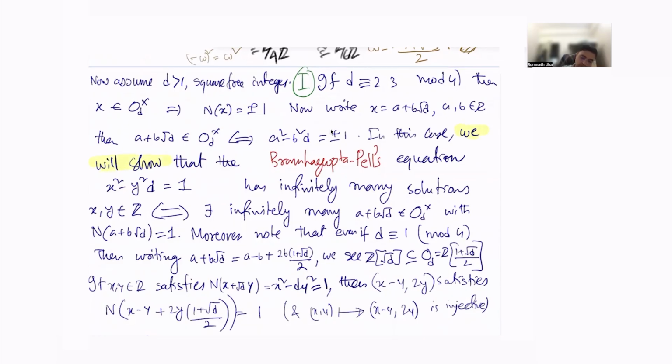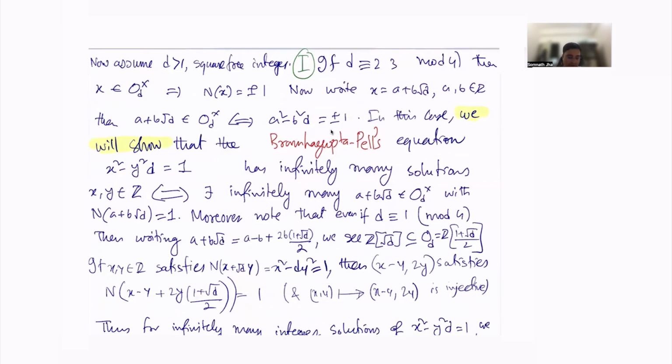We'll only focus on plus 1, and we'll show there are infinitely many solutions. That means there are infinitely many units with norm equal to 1. And in the second case, excuse me.